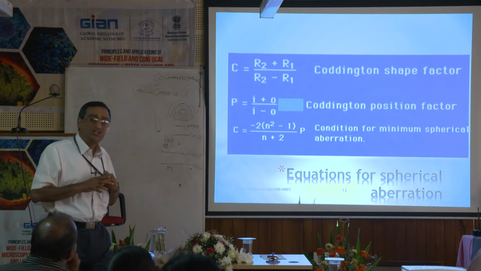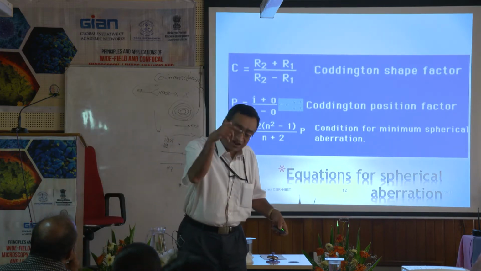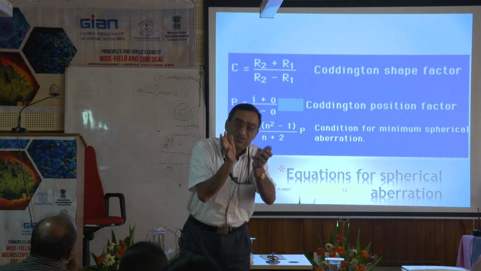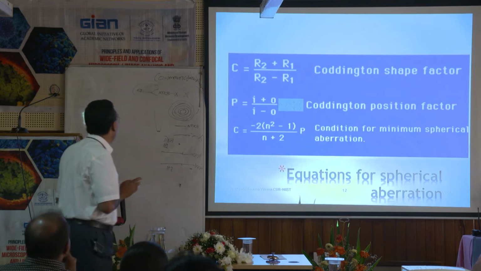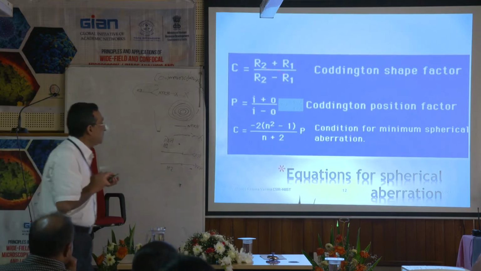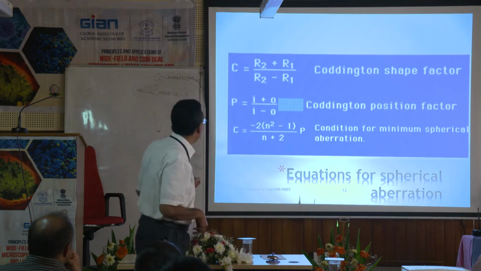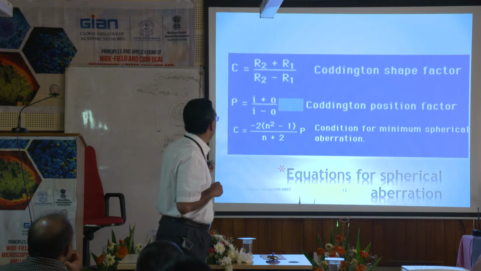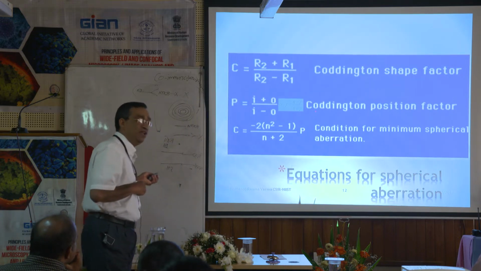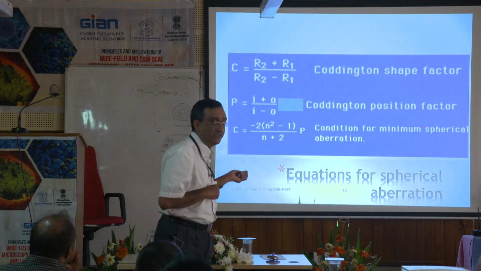And it's not simply an explanation like this. These have specific values also, and this is mathematically connected. For example, if the lens has R1 and R2 as the curvatures of two surfaces, we can have a shape factor called C, which is equal to R2 plus R1 divided by R2 minus R1, and we call it Coddington's shape factor.